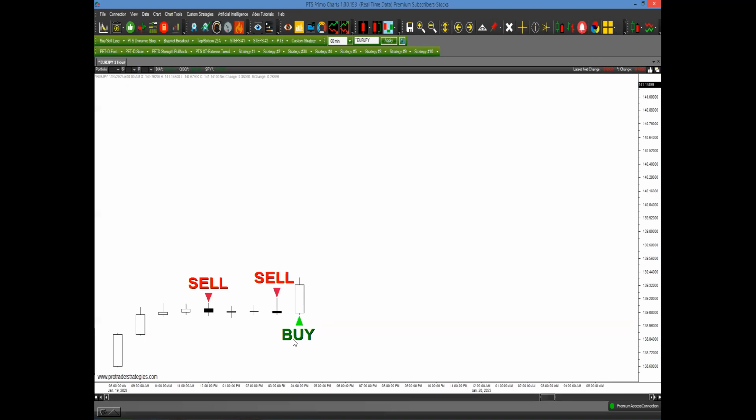All right, this is how the PETD helps filter out, because it's so sensitive in finding out what the trend is. Once you add the PETD, clicking it on our platform, the colors automatically change. In order for us to take these sell signals, the bar below needs to be colored red. And what color are these bars below? They're both green. So we're not going to take these 2 sell signals.